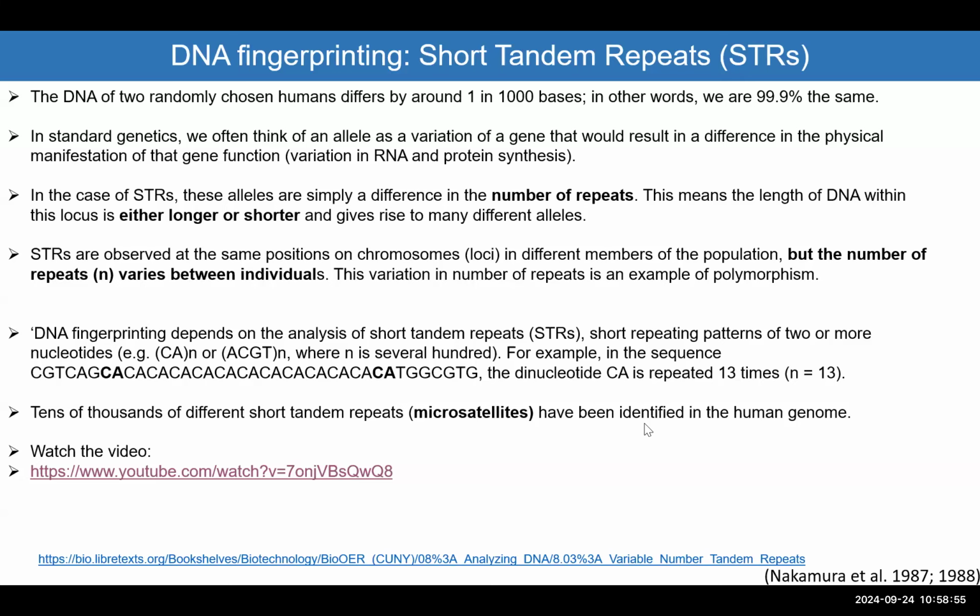The difference between the two is just how many times it is repeated, and how short it is. So the STRs can be two base pairs that are repeated many times, or 3 base pairs that are repeated many times. The VNTRs can be longer than that.